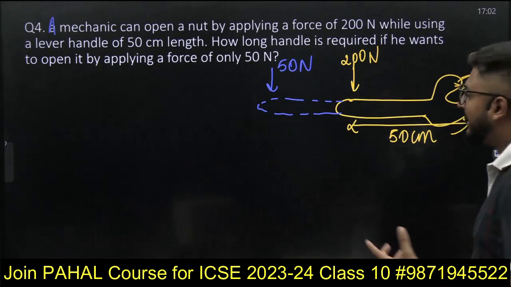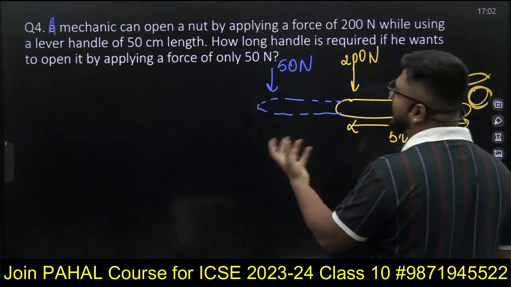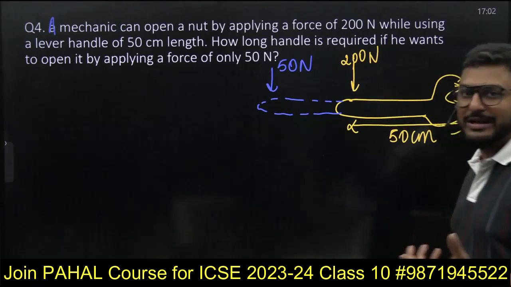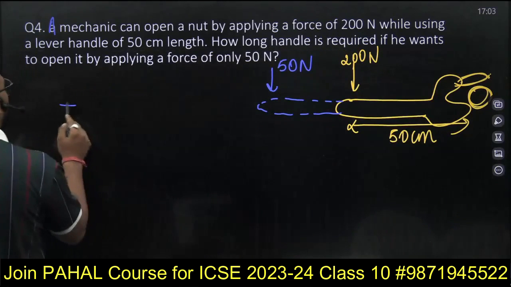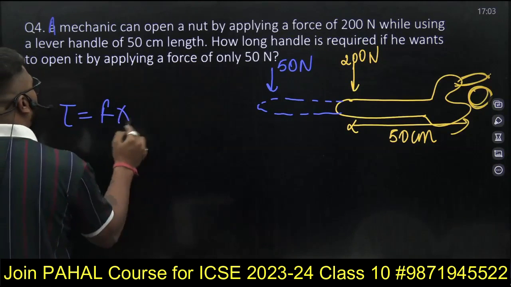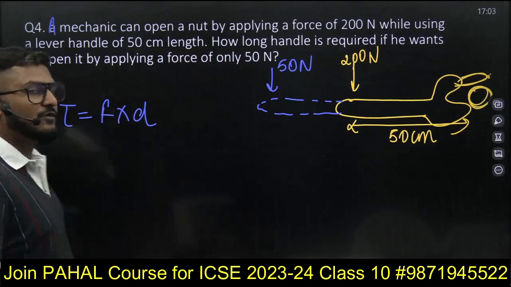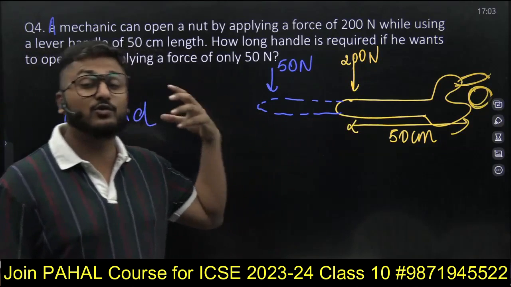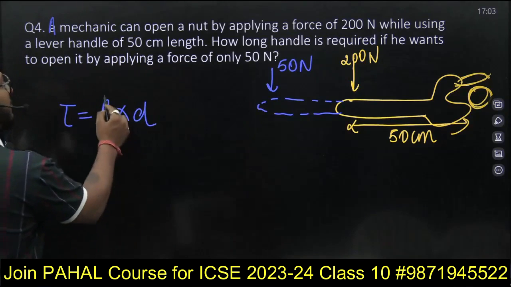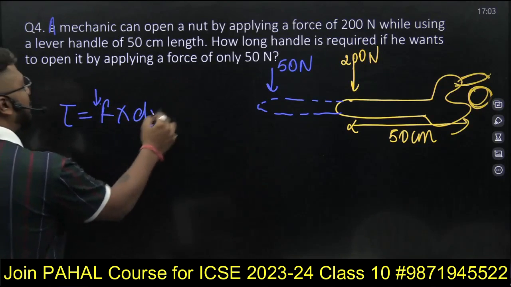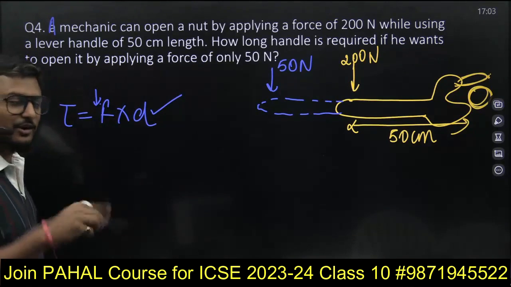So basically, if we increase the length of the force applied from the axis, then obviously the force required would be less, right? Since tau, that is torque, is equal to the force applied times the distance of the point of application of force from the point where the object is pivoted. So if you decrease the force, you have to increase the distance, or vice versa.